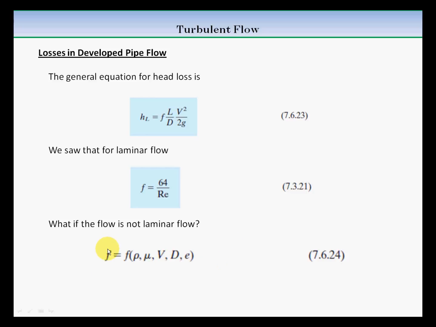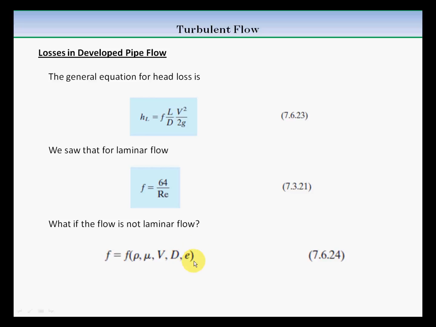The friction factor in case of turbulent flow depends upon several variables in a non-linear manner, and those include the density, the dynamic viscosity, velocity, diameter, and the roughness factor.